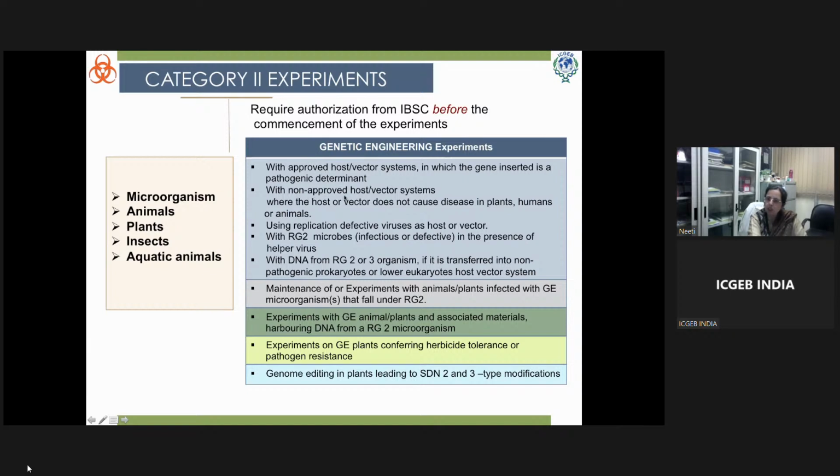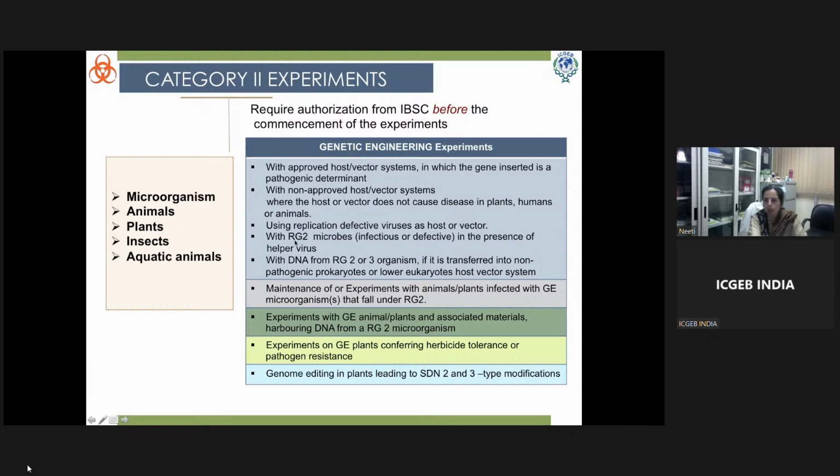If there is any non-approved host or vector system for which data is not available, whether it can cause any damage or any kind of injury to the organism, then it is appropriate to handle them in BSL-2 facilities or lab. Use of replication defective viruses as hosts or vectors is included in this group.